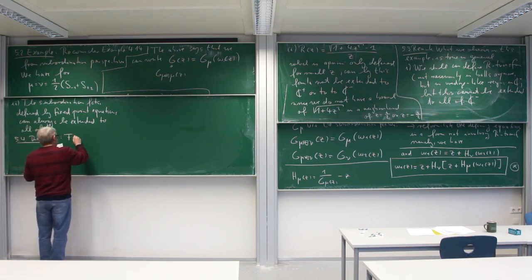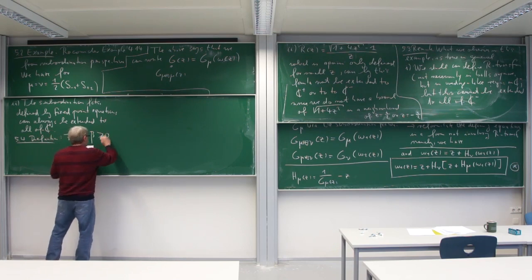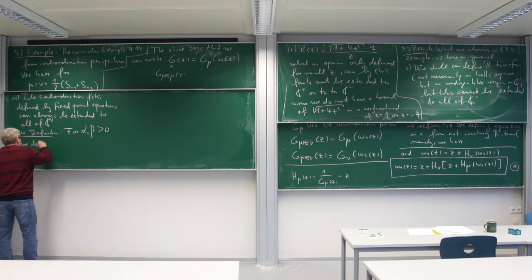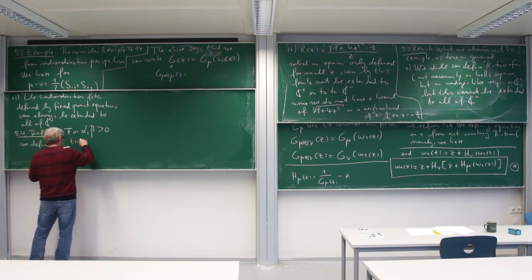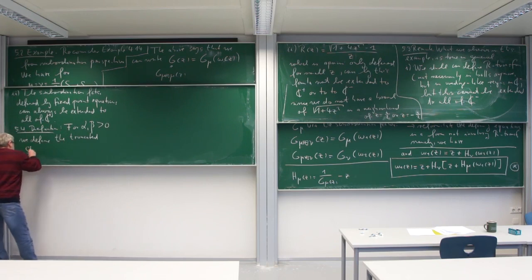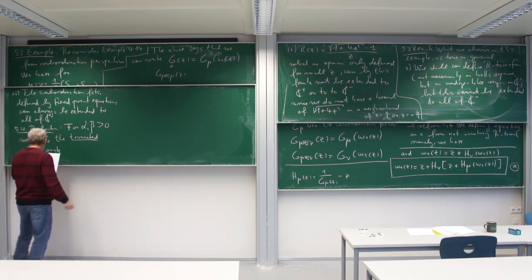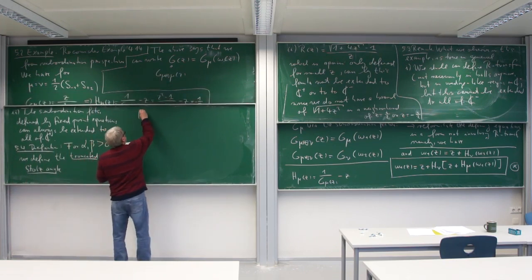Definition. So for alpha, beta greater than 0, we define some region. And we call this a truncated Stolz angle. This is the set.